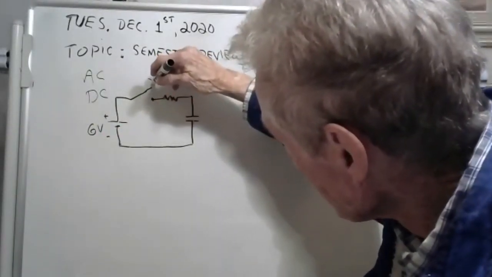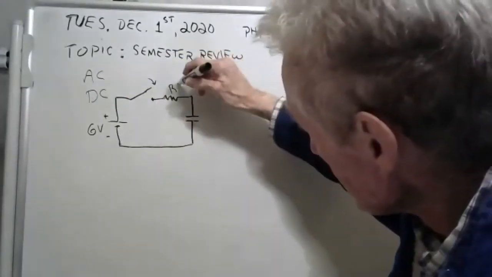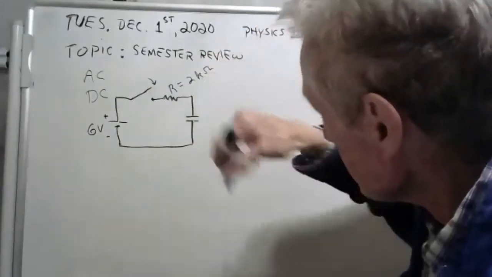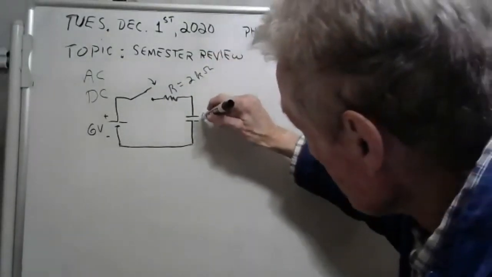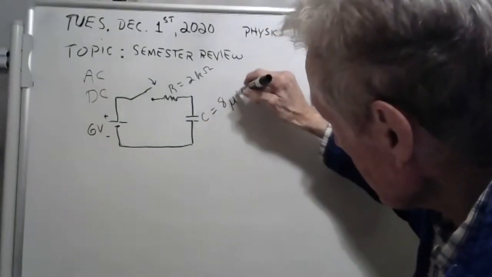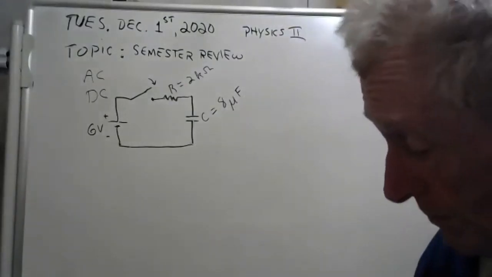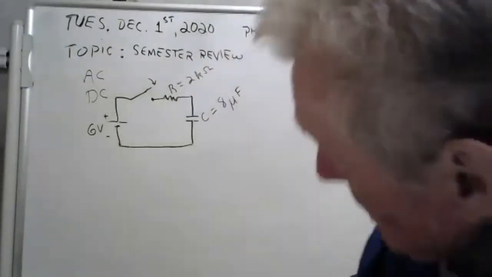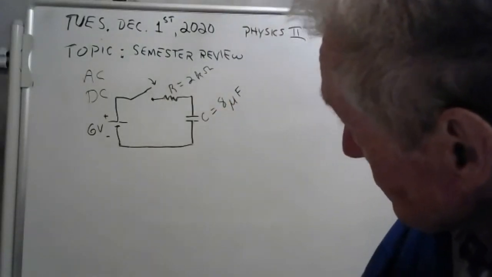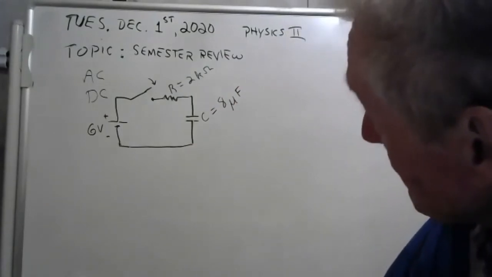And we're going to throw that switch. And this resistor is 2 kilo ohms. And the capacitor is 8 microfarads. I think we've got some capacitors of that size in the lab and some 2 kilo ohm resistors. We could make this circuit in the lab very easily.